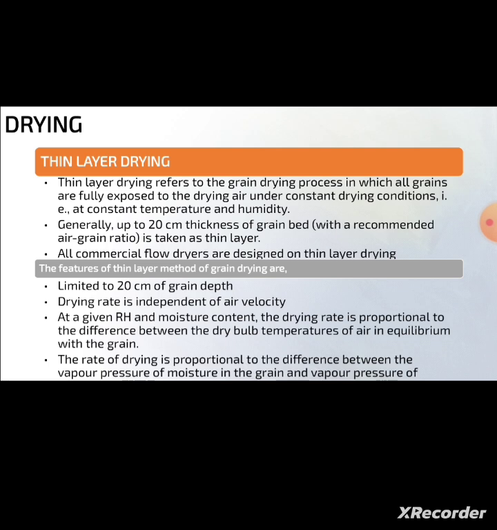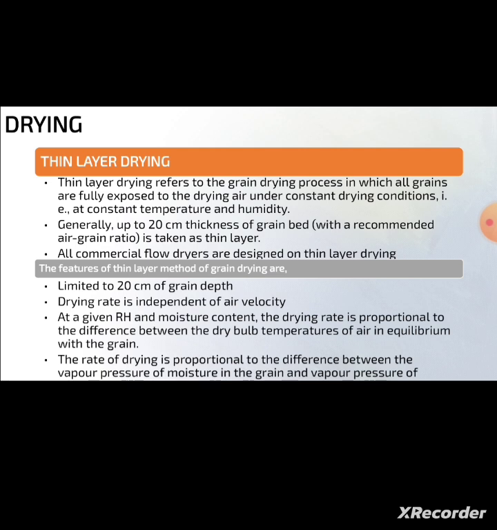But the drying can take place under two phenomena. One is thin layer drying, and another one is deep bed drying. Thin layer drying refers to the grain drying process in which all grains are fully exposed to the drying air under constant drying conditions. Generally the thickness will be 20 centimeter of grain bed.